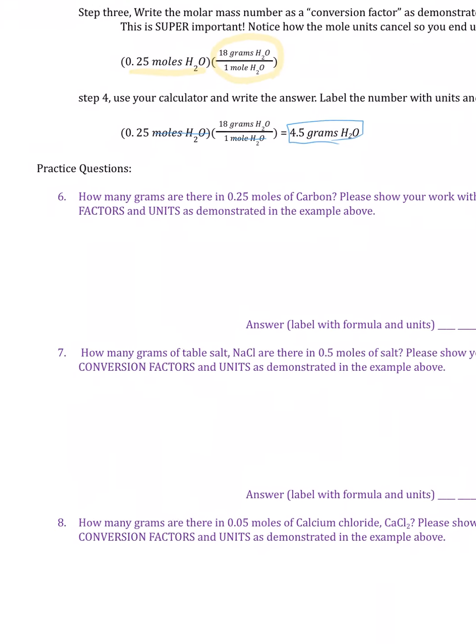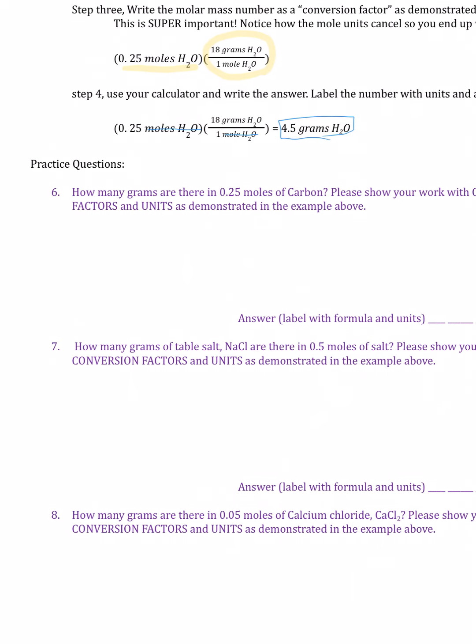All right, so then we do the same thing down here. Let me do another sample one with you. Let's say I have 0.25 moles of carbon. I'll start by writing that out: 0.25 moles of carbon. How many grams would that be? Well, I set up my conversion factor.